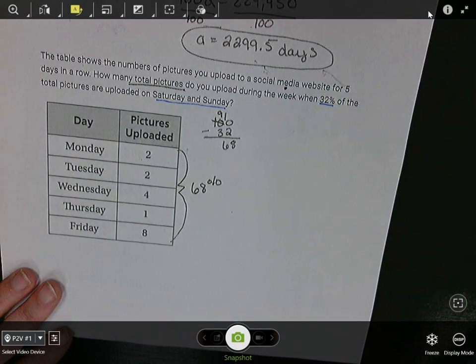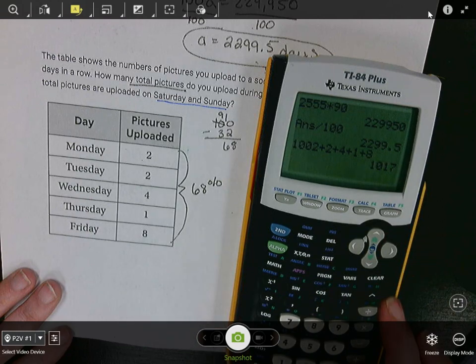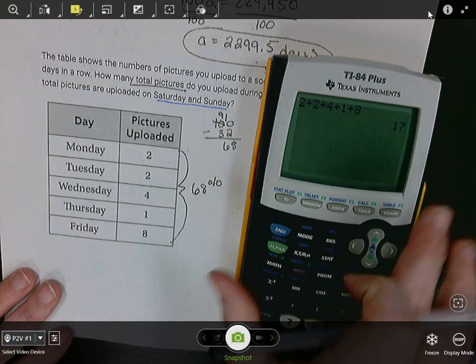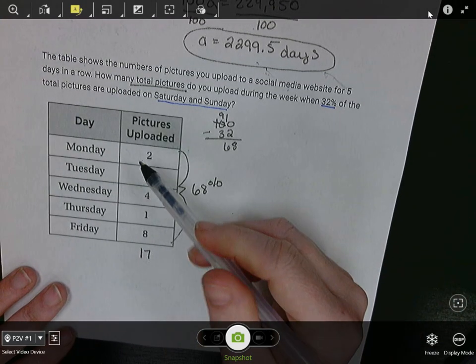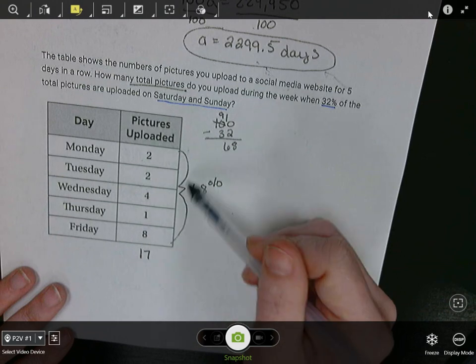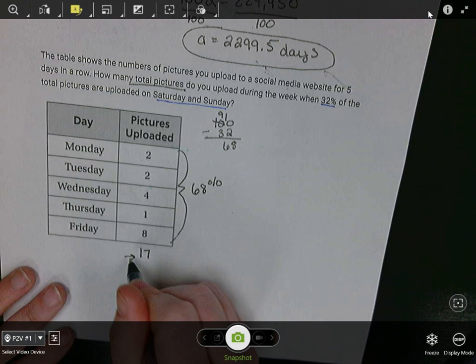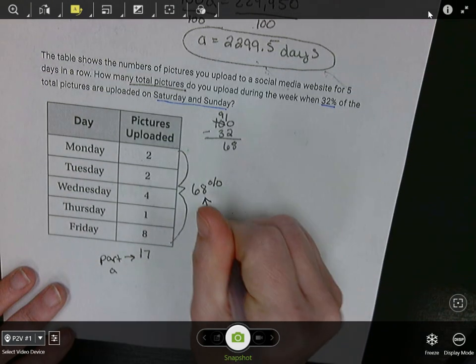So we add those together: 2 plus 2 plus 4 plus 1 plus 8, and you get 17. So 17 were uploaded during the weekdays, Monday through Friday, and that represents 68% of them. This is your part, A, and this is your percent.